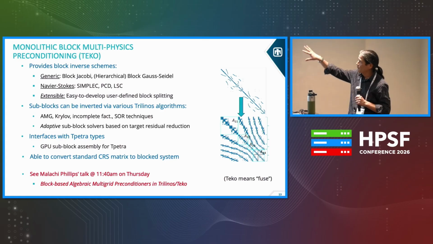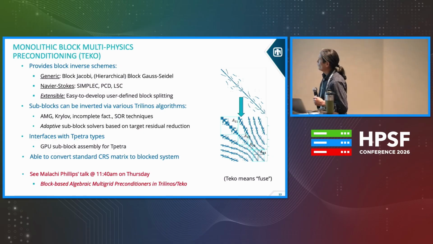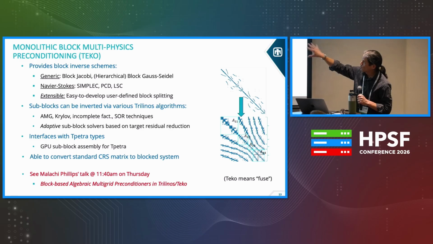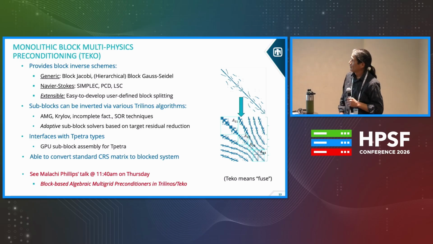TEKO provides a capability of doing a block Jacobi or a block Gauss-Seidel or other block type method, where you can then decide how you want to invert these blocks. And you can invert those blocks using some other solver within Trilinos.